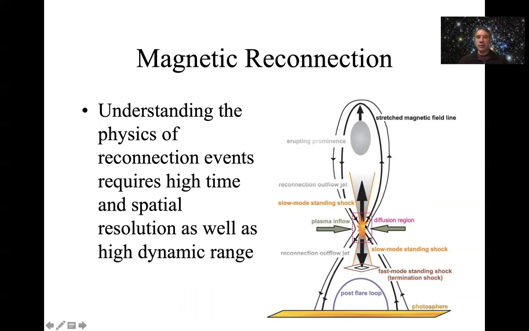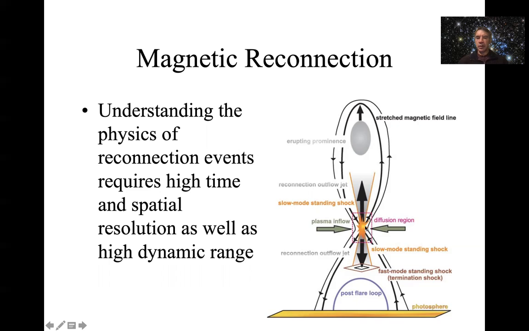But there are occasions when the magnetic field will get pinched together. And when that happens, you can basically short circuit the magnetic field. What used to be a loop is squeezed together, and it will split into two new loops.